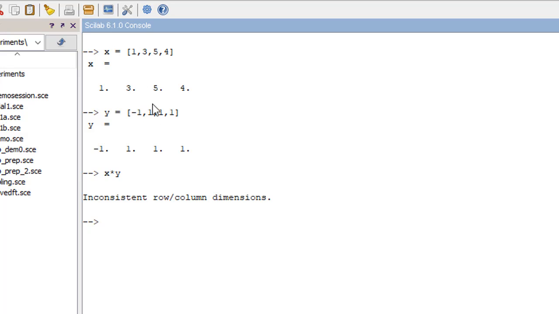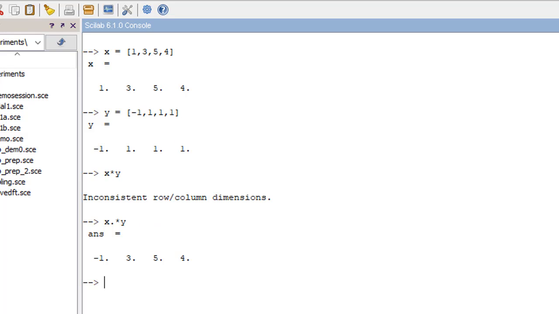Whenever you want this element-wise multiplication, I have to put x dot star y. Whenever I put a dot followed by any mathematical operator, I am doing element by element. You enter, and I should get the element-wise multiplied result: minus 1, and 3, 5, 4.